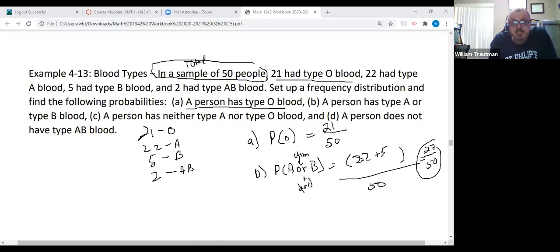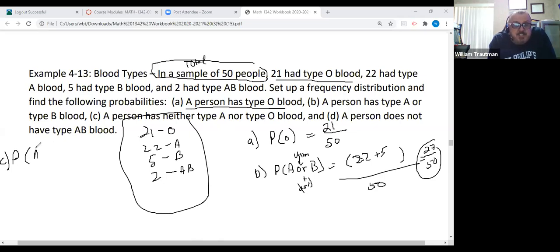Okay, the next one's a little tricky, maybe. This is question C. A person has neither type A nor type O. That's hard to write down.